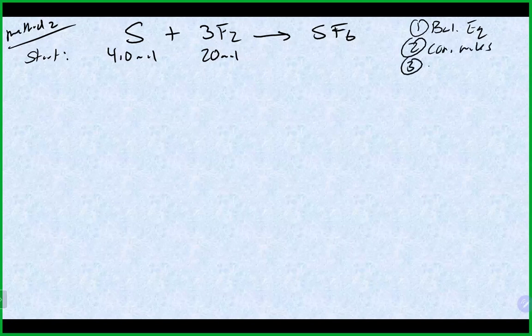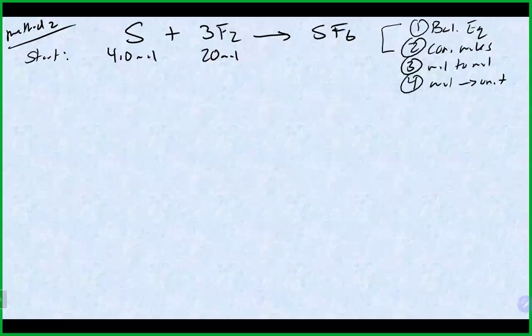You're still going to do the mole to mole relationship, and you're still going to go moles to some other unit. Now, the difference in this method is, and really any method, these first two are always the same. So in this case, we already did our first 2 steps here. Now, in this method, what you do is actually just 2 separate calculations.